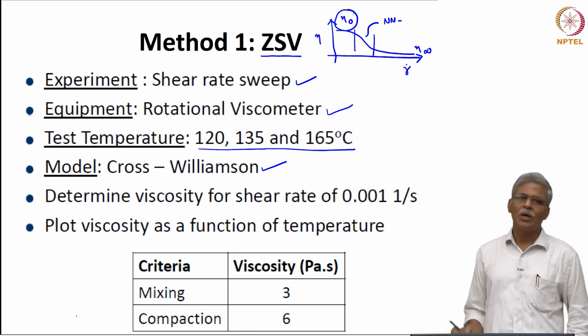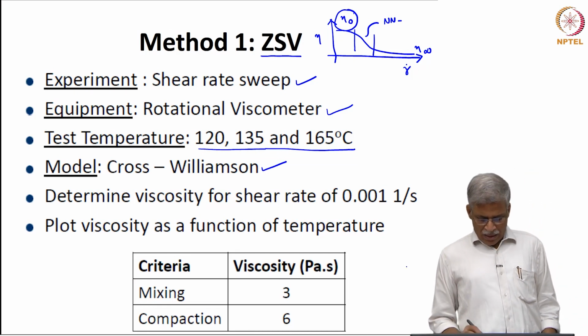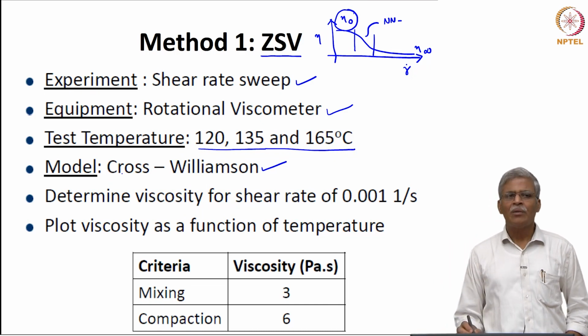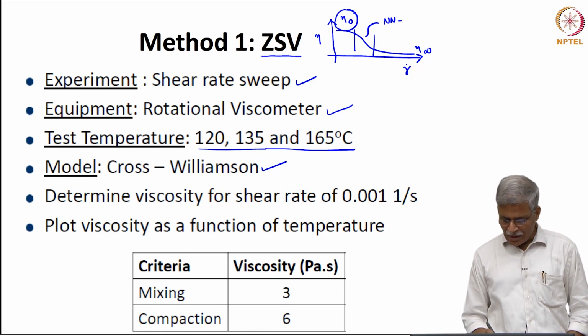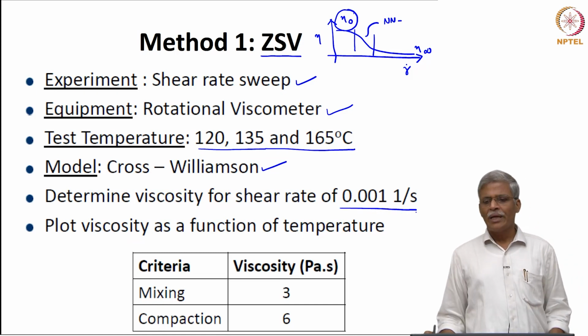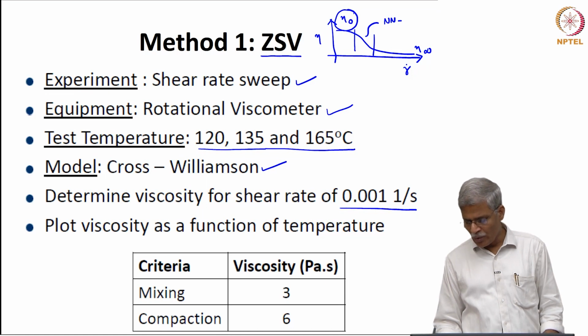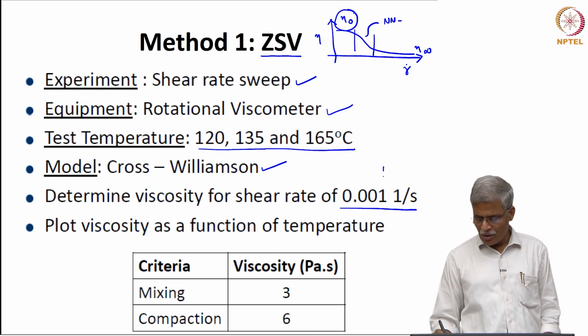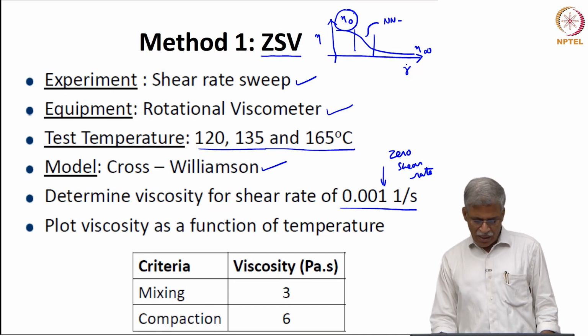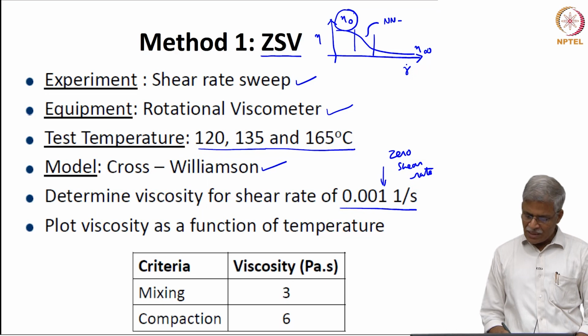And then what we will do is calibrate the model parameters for these particular temperatures, and then we will find out the viscosity for a shear rate of 0.001 reciprocal seconds. This can be taken as close to the zero shear rate, because this seems to be the lowest shear rate that one can think of, and we then plot viscosity as a function of temperature.